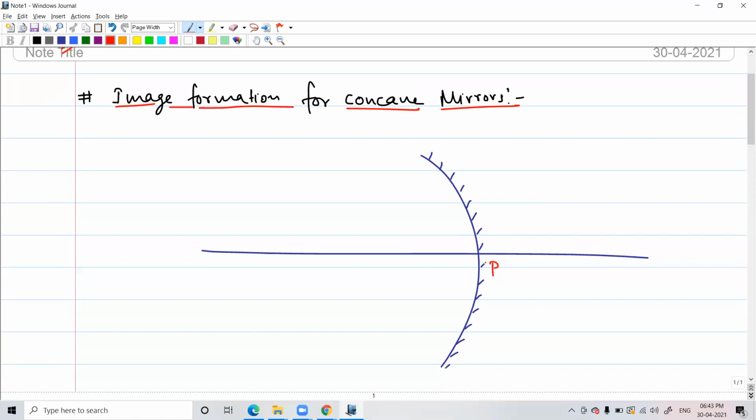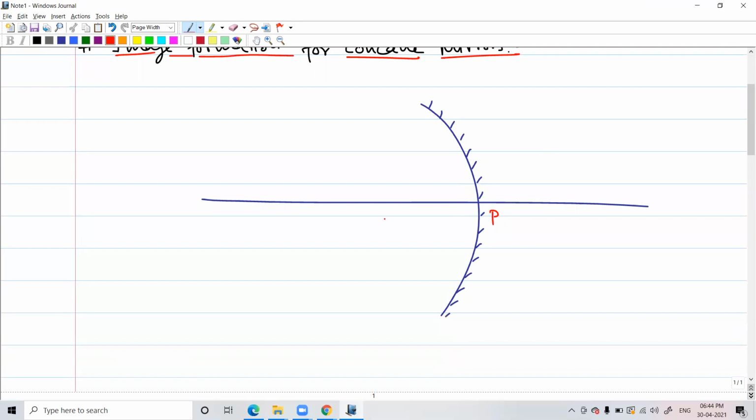Pole. Pole of the mirror. Then the center of curvature will be somewhere over here. It will be the center of the sphere from which this mirror was cut out. Center of that circle or sphere. And exactly in between this C and P, there will be a point. What should I represent it as? Focus. F. And it will be called the focus.